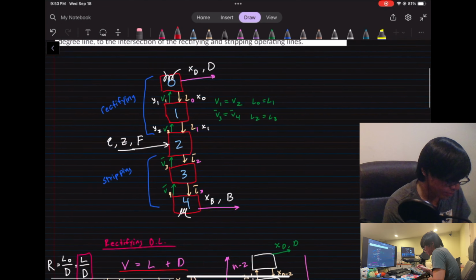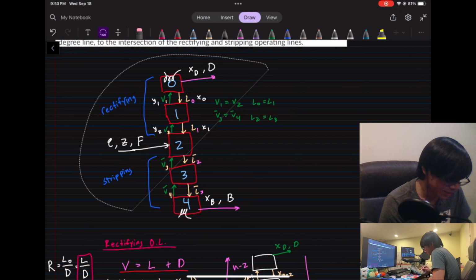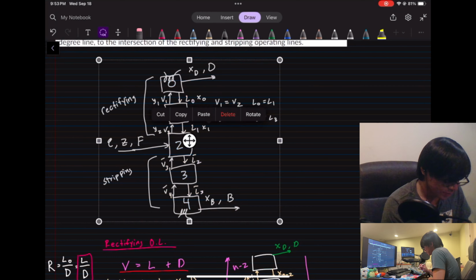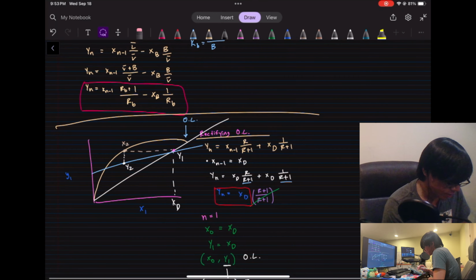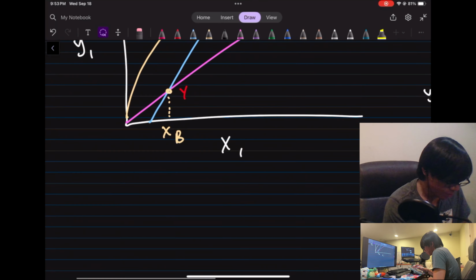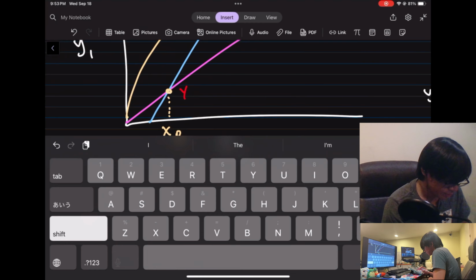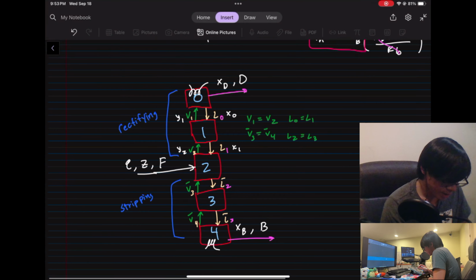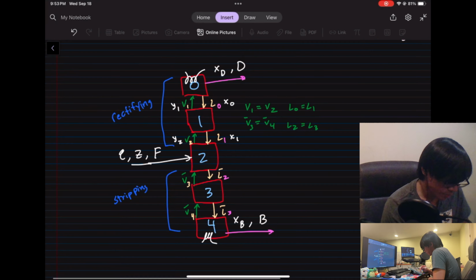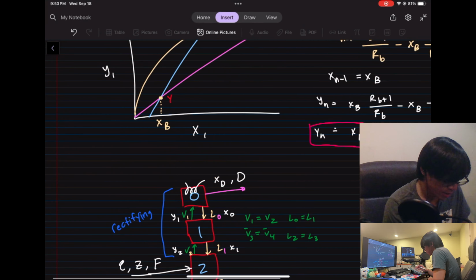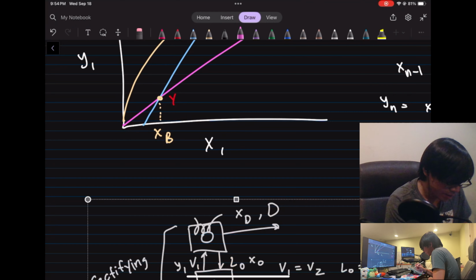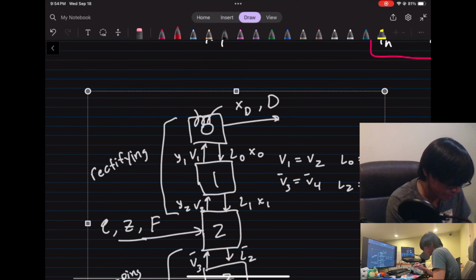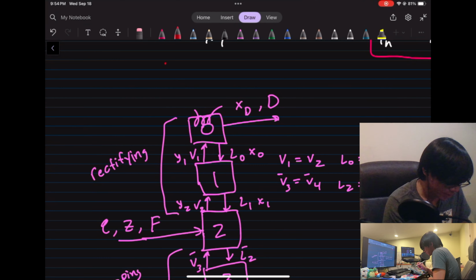I should really just copy this down, honestly. So copy that here, paste it down here. So we said our bottommost stage was 4, so that is actually Y4.